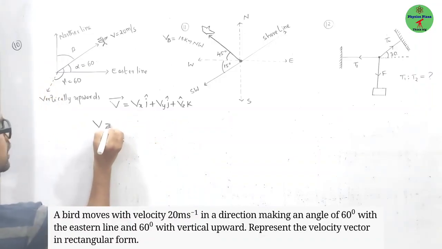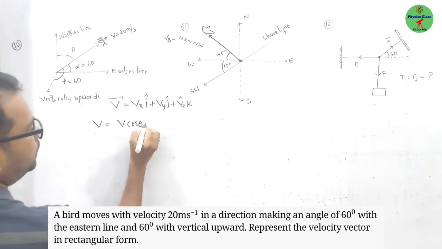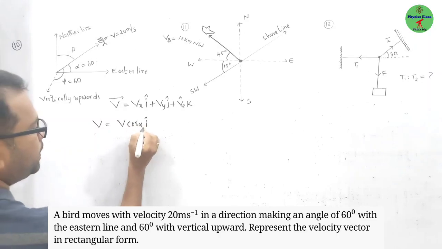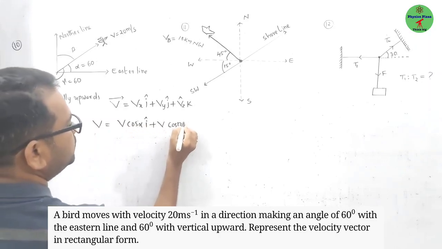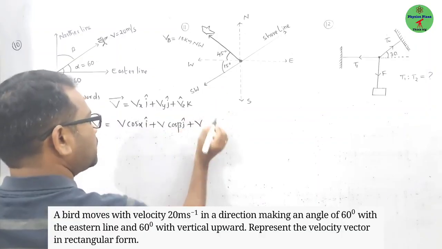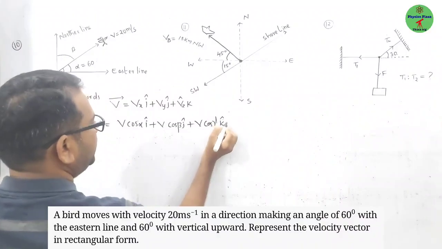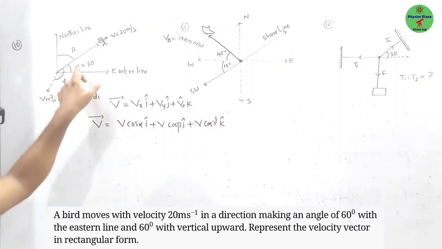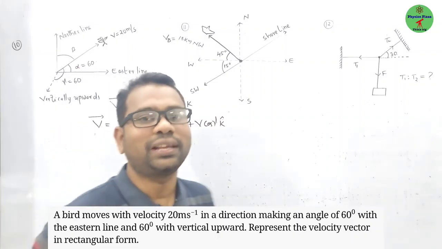This can be written as v cos alpha i cap, with alpha being the angle with the x-axis, plus v cos beta j cap plus v cos gamma k cap. But the problem is that we know the alpha value, we know the gamma value, but the beta value is not known. That has to be calculated.